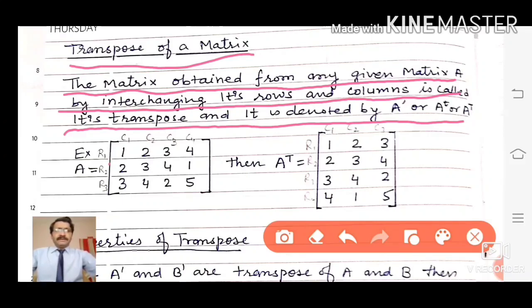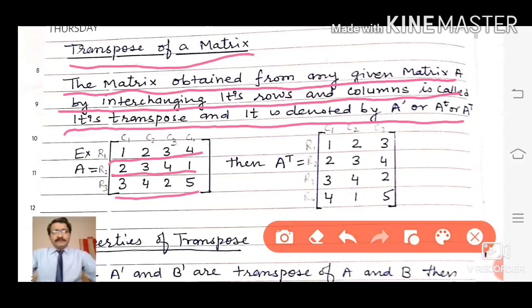This matrix is given to you. The first row is 1 2 3 4, the second row is 2 3 4 1, the third row is 3 4 2 5. These rows we will interchange into columns.